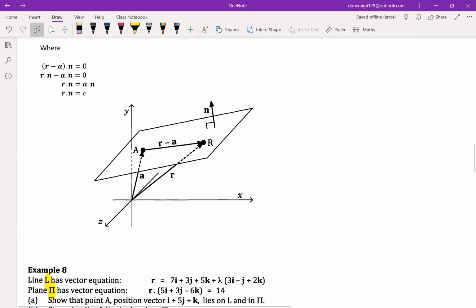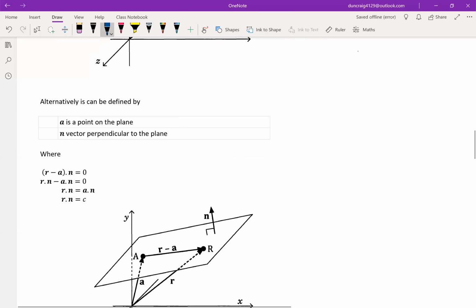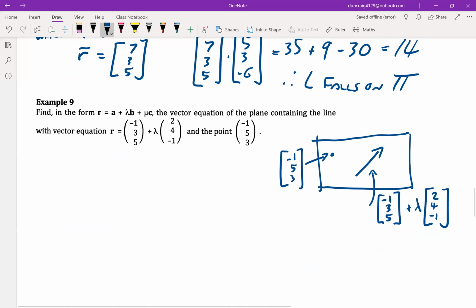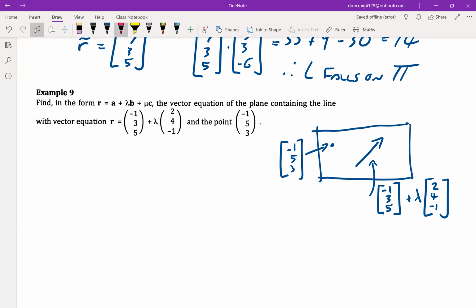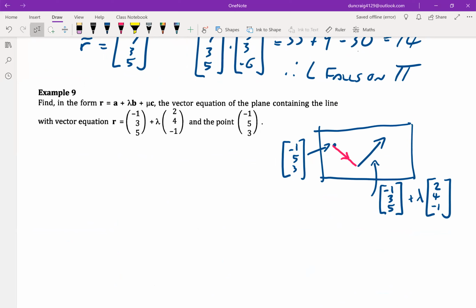Coming back up here and thinking about how we define a plane, you need a starting point and two lines. What we've got here is a starting point and one line, but I can create a second line by going from that point to the start of that line. My second line can be found if we substitute 0 into that line there.